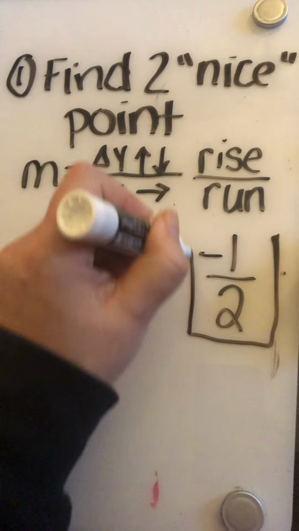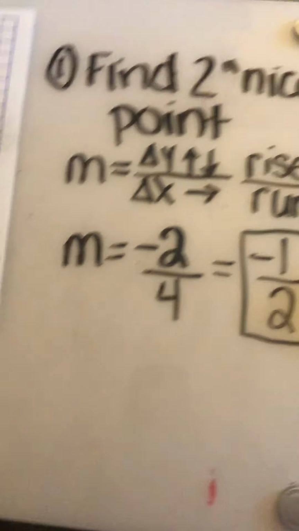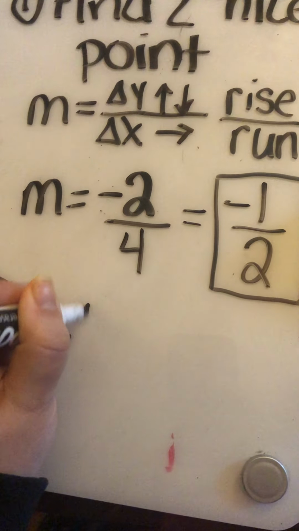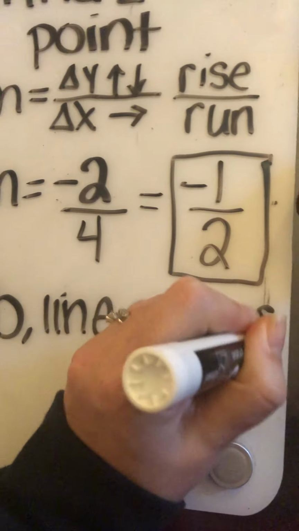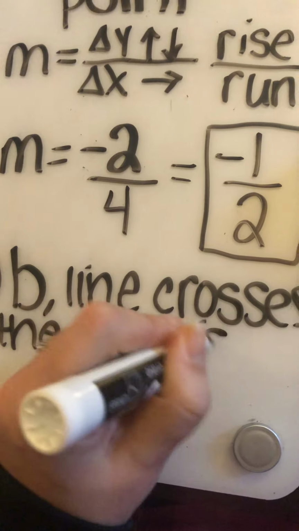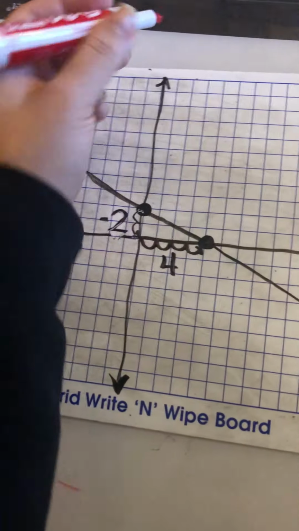Okay? Now, to write the equation, we don't just need an m, we also need a b. So step 2, to find b, it's wherever the line crosses the y-axis. So we go to our graph. I'm going to go to the y-axis.